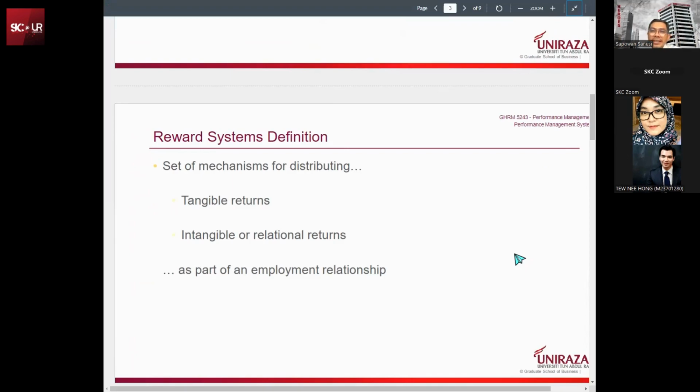So most of the companies have a specific element of reward strategies because the system is commonly, selalunya, used in various contexts depending on the business, depending on the education, depending on personal development.